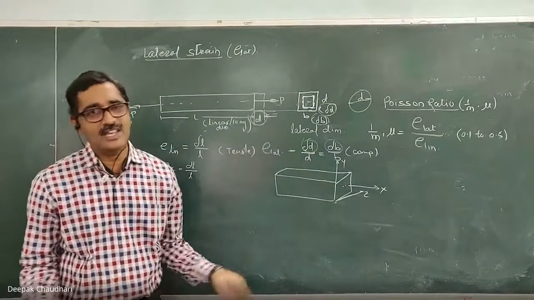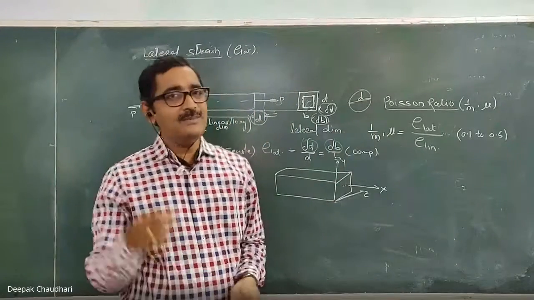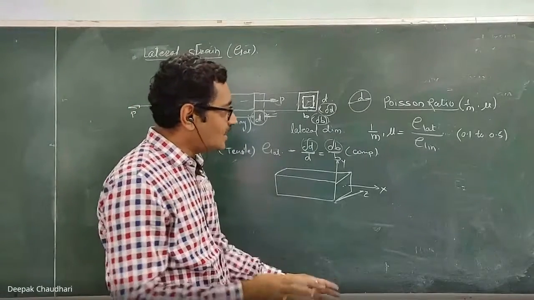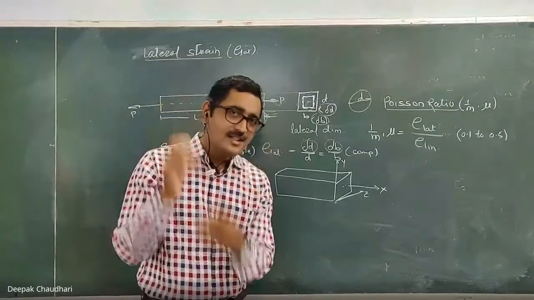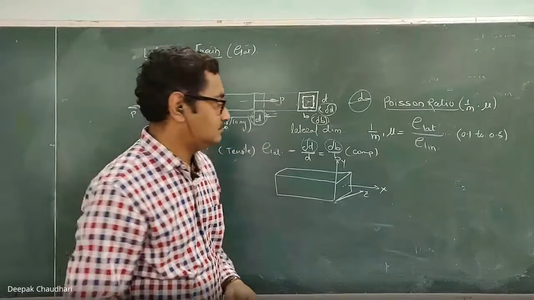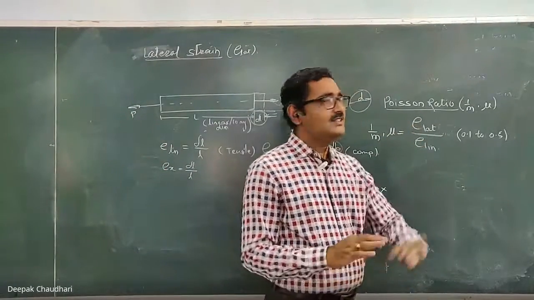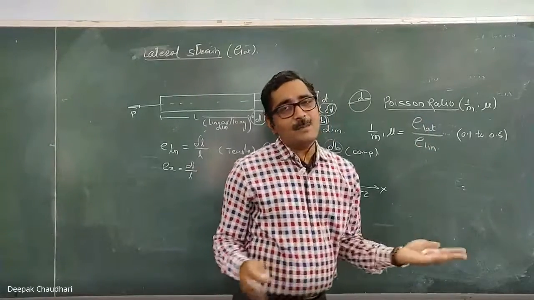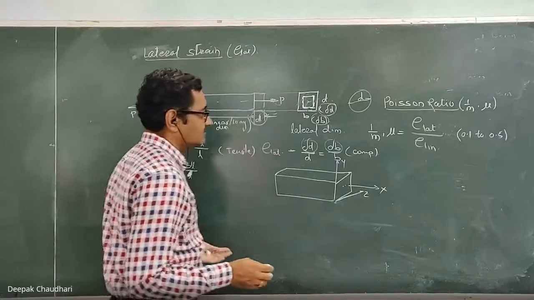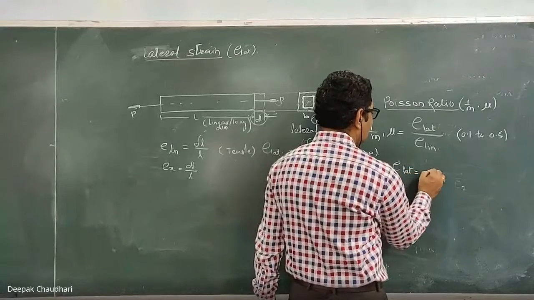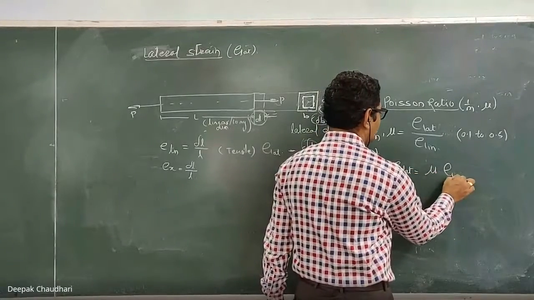But sometimes in the exam 1 upon m is given, so don't get confused. 1 upon m is the Poisson's ratio, and there is no relation between the Poisson's ratio and the modular ratio. Poisson's ratio is the lateral strain upon linear strain. These two strains are always opposite in nature. Clear? So we can say that the lateral strain is equal to Poisson's ratio into linear strain.